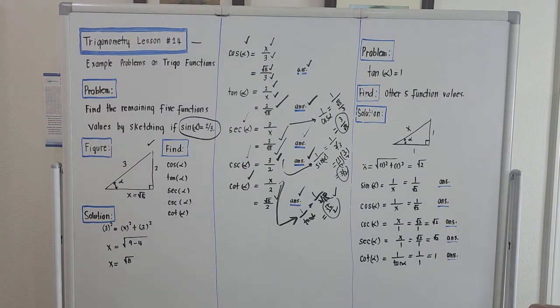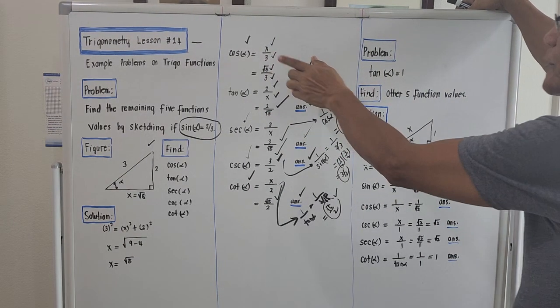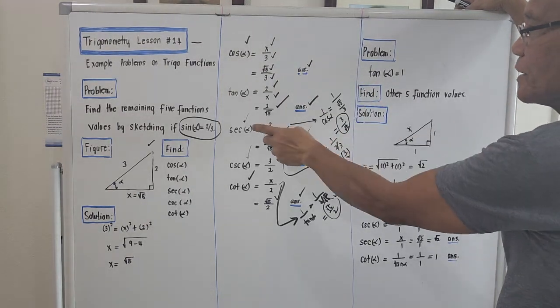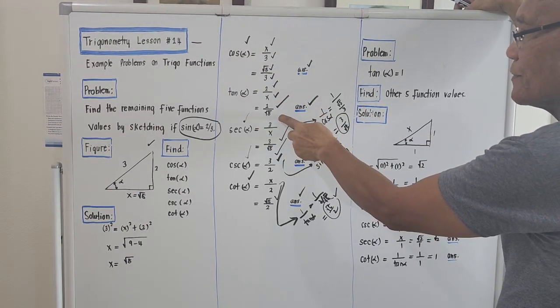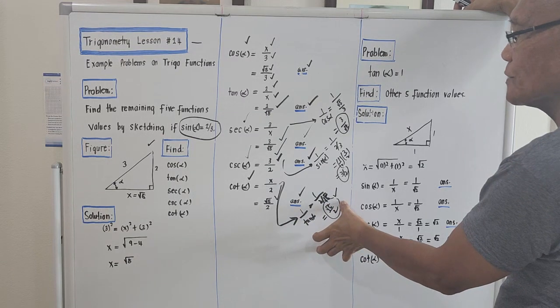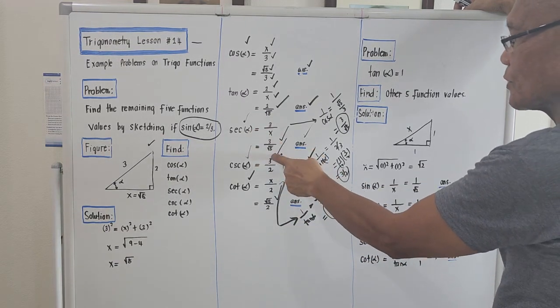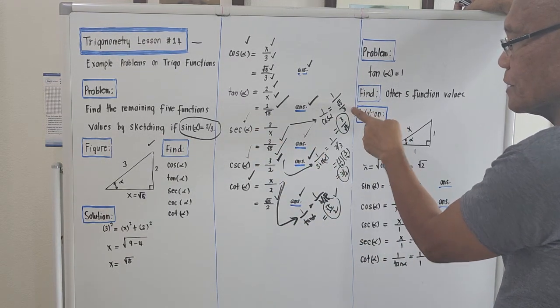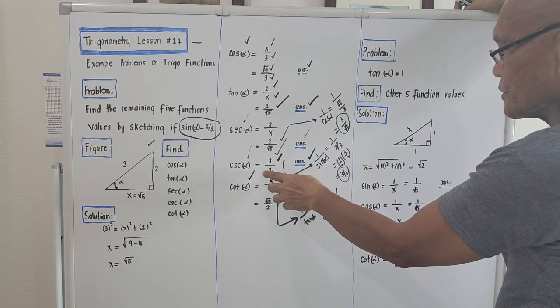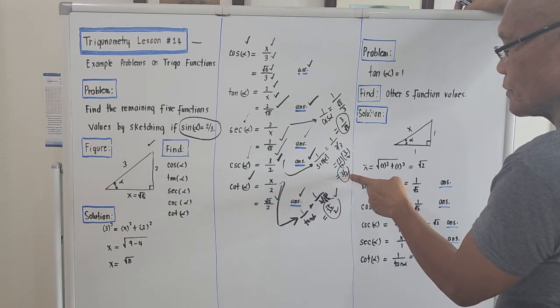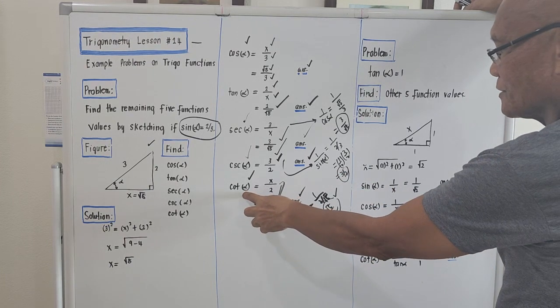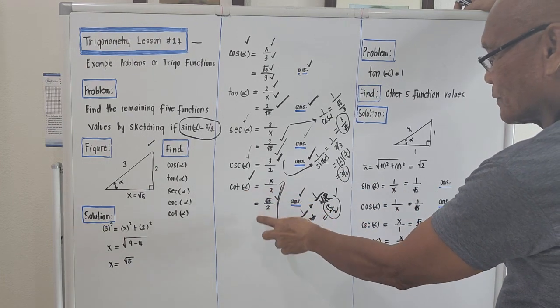So the values now, I will repeat it. Cosine will be square root of 5 over 3. Tangent is 2 over square root of 5. We brought out 2 solutions. Secant is 3 over square root of 5. We brought out 2 solutions. Cosecant is 3 halves. We brought out 2 solutions. And cotangent is actually square root of 5 over 2.